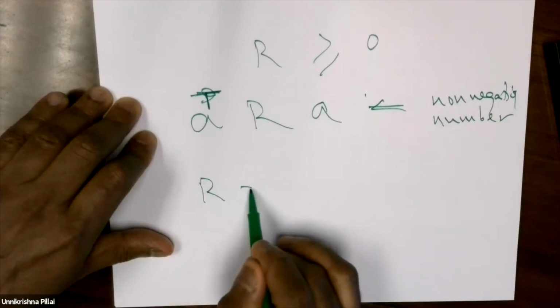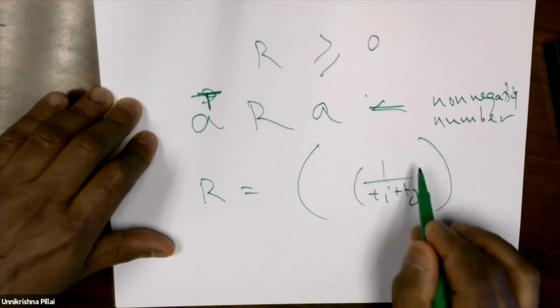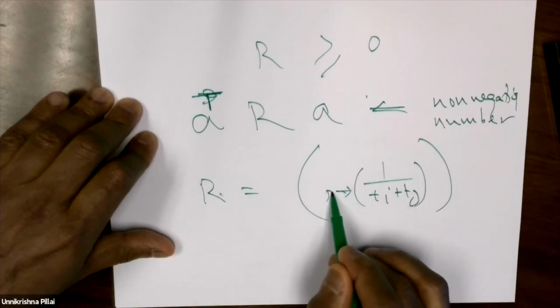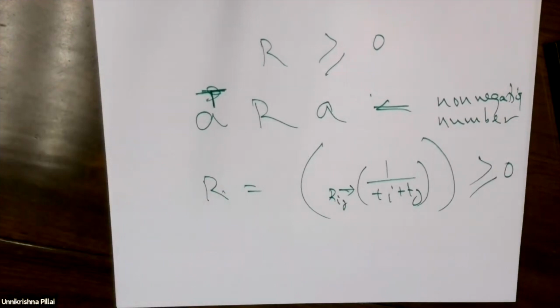If you have an R with Rij equal to this, I want you to show that this matrix is positive. If you keep asking me how you do it, I'm saying watch the video, and then you should be able to show that even if I square it, that's a positive definite matrix.